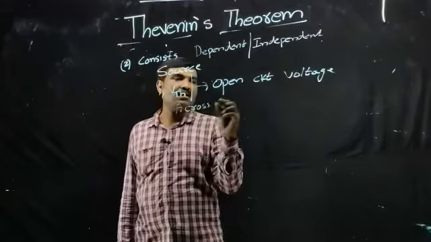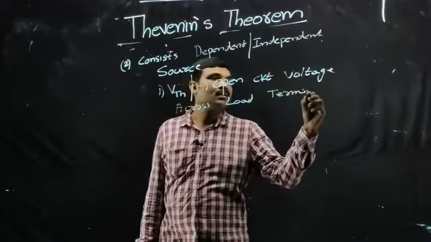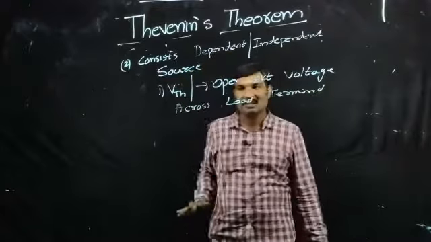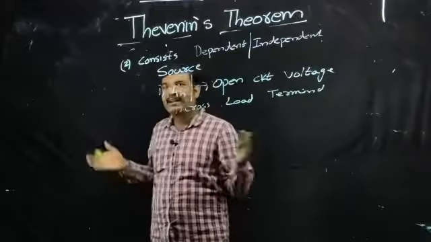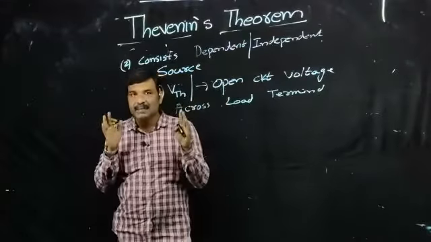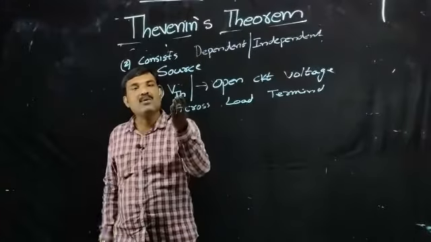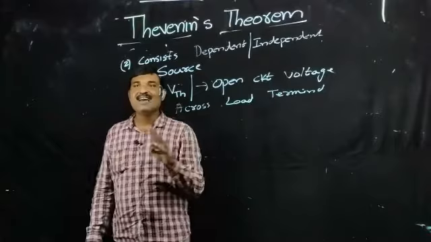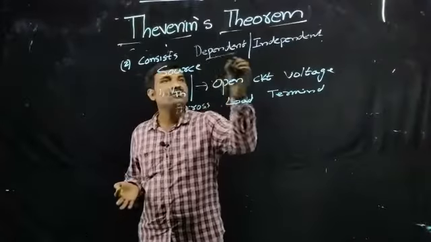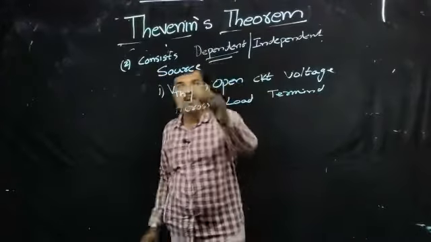Since this circuit consists of dependent and independent sources, while evaluating VTH we can't do anything with the dependent sources. We should retain the dependent sources, whether dependent current source or voltage source, within the network while evaluating VTH, since we have no option to short circuit or open circuit dependent sources. So while doing problems, you should retain these sources within the network while evaluating VTH.